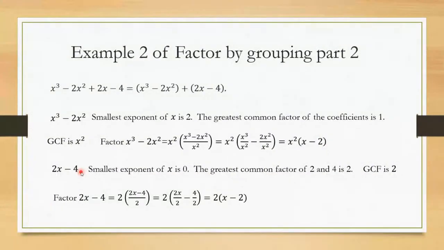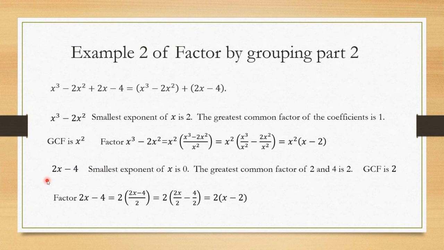Again, the smallest exponent of x is 0. So m would be 0. There's no x term here to take out, in other words. For 2 and 4, 2 is itself a factor of 4. So the greatest common factor among 2 and 4 is 2 itself. Again, you could list the factors of each if you want to.